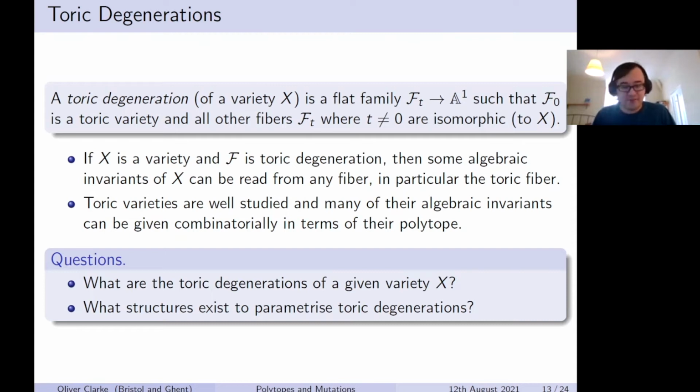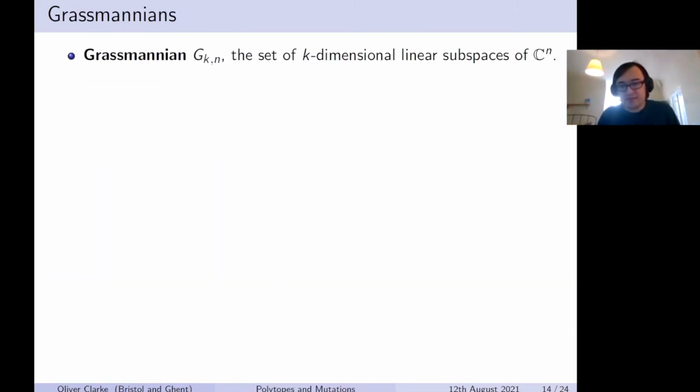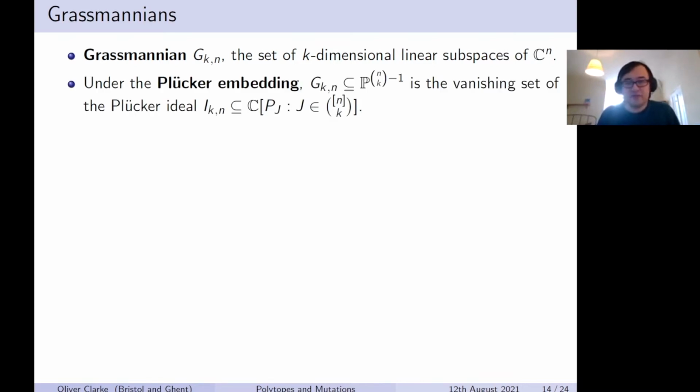One of the families of varieties that I'm interested in are the Grassmannians. A Grassmannian is, as a set, the set of all k-dimensional linear subspaces of C^n. You can give this the structure of a projective variety by using the Plücker embedding.